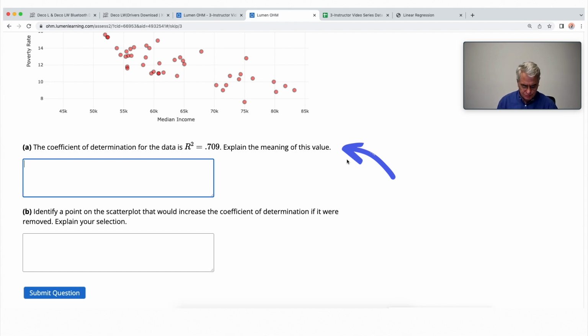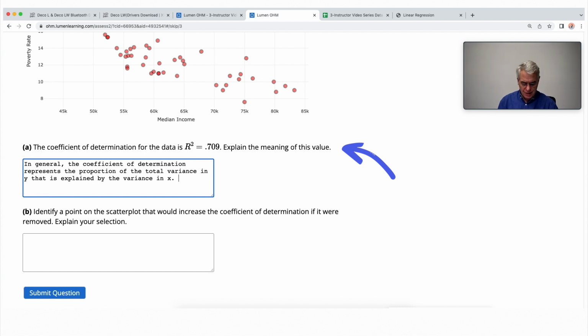Well, in general, the coefficient of determination represents the proportion of the total variance in y that is explained by the variance in x.